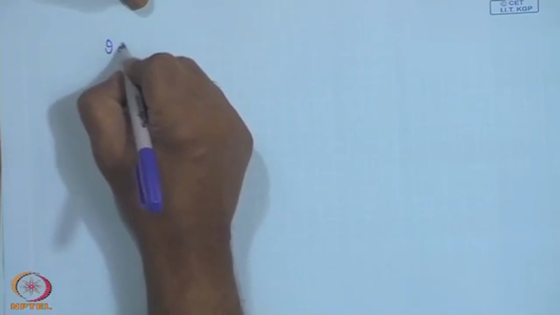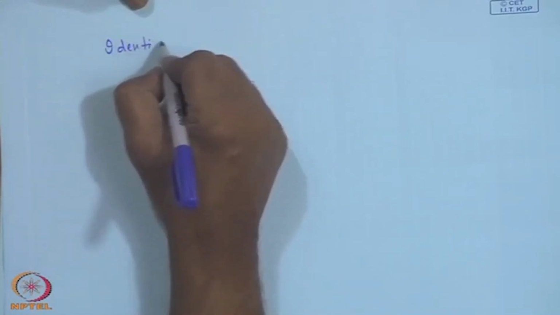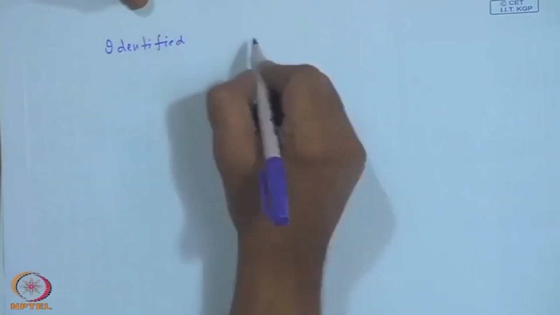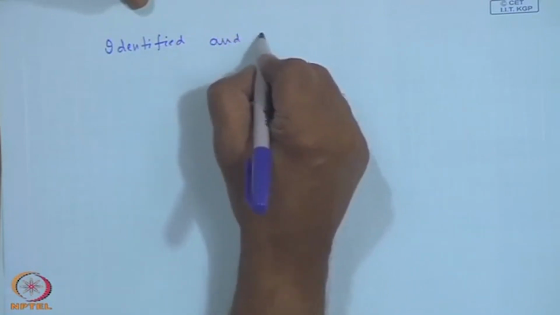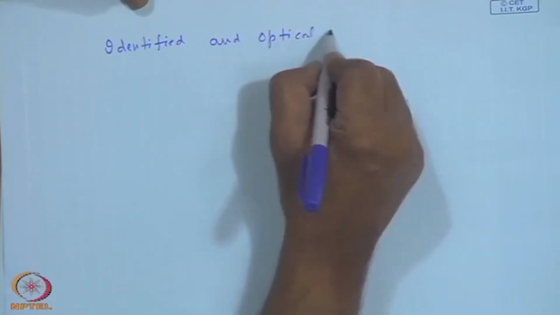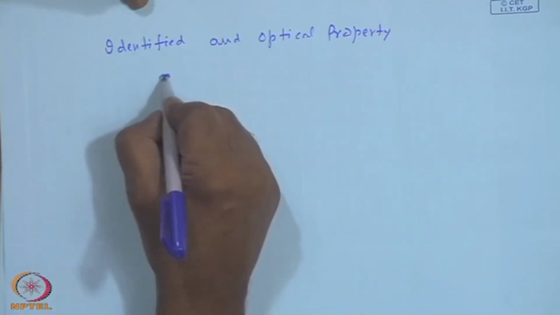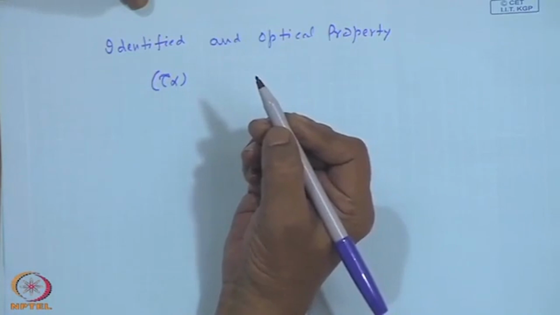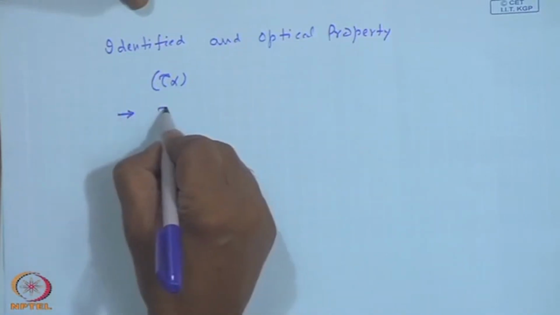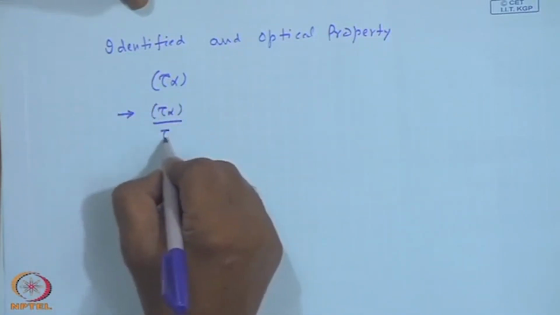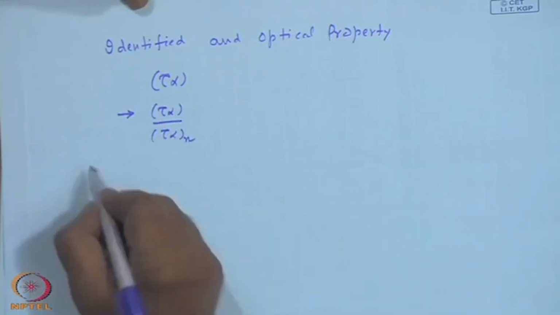So, just because the algebra is too long, I will spend a few minutes. First, we identified an optical property tau alpha. Normalized quantity will be tau alpha by tau alpha normal.